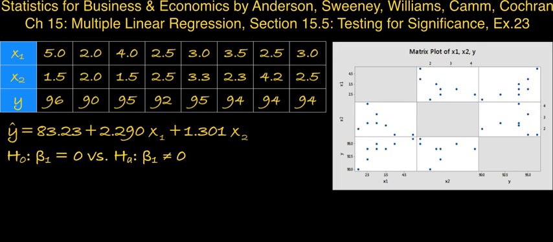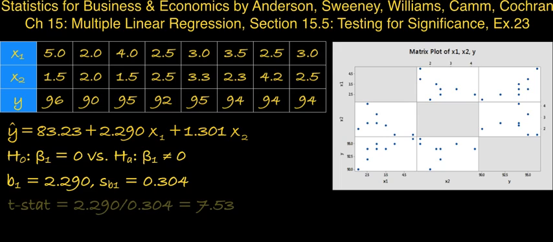To find the t statistic for this test, we need to find b1, which is 2.290, and then the standard error for b1, which is 0.304, and if we take the ratio of those two numbers, we get the t statistic, which is 7.53.